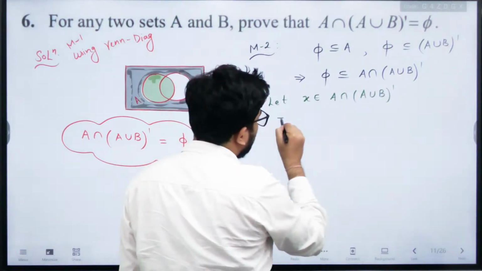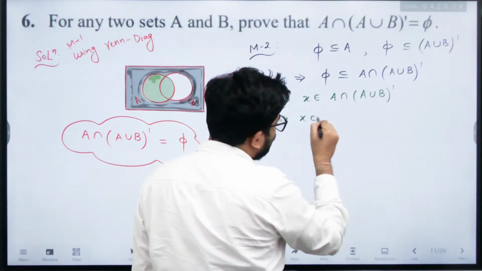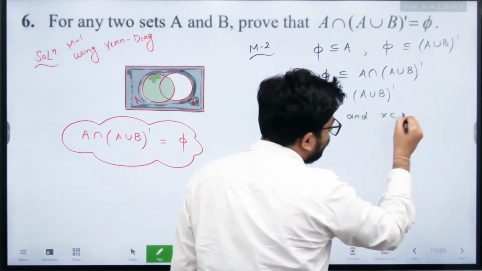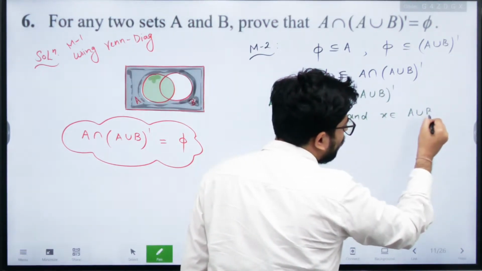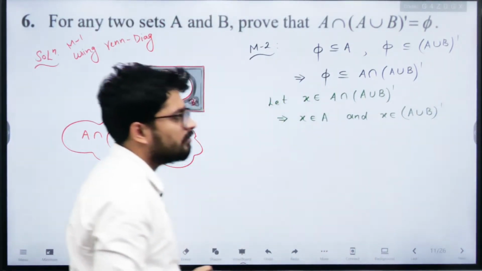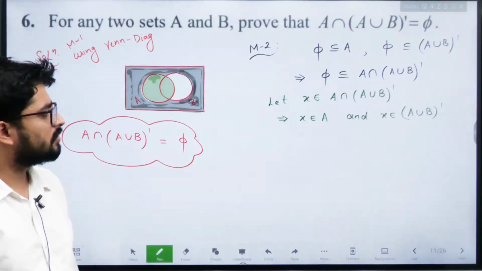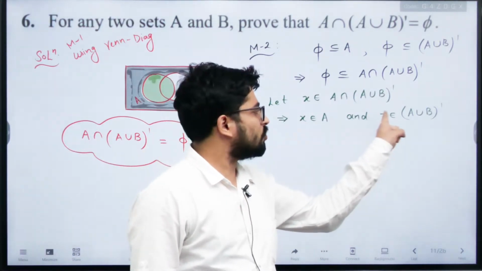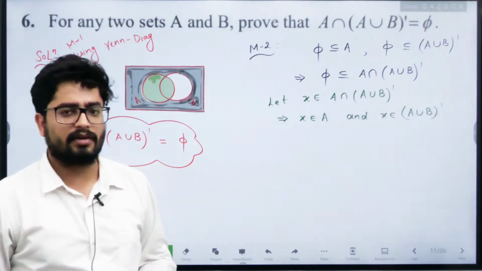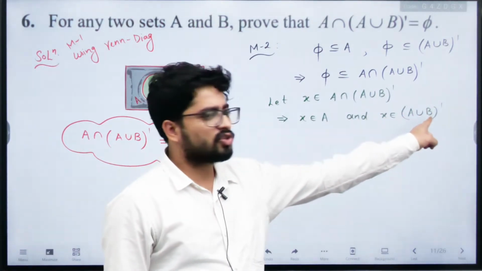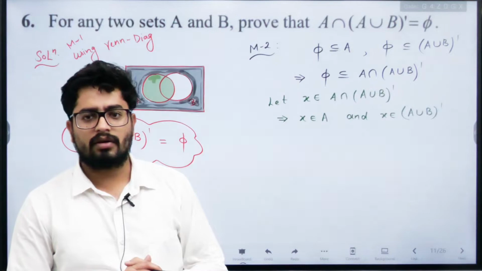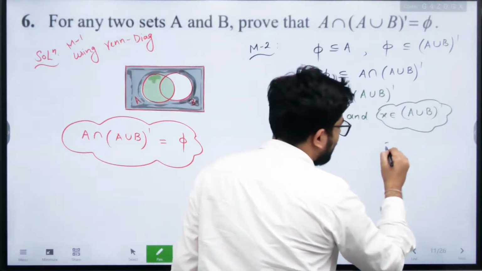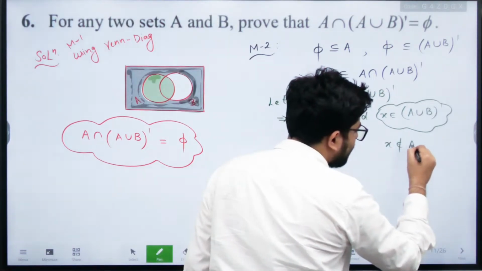So it means x belongs to A and x belongs to A union B complement. So from here, x does not belong to A set.